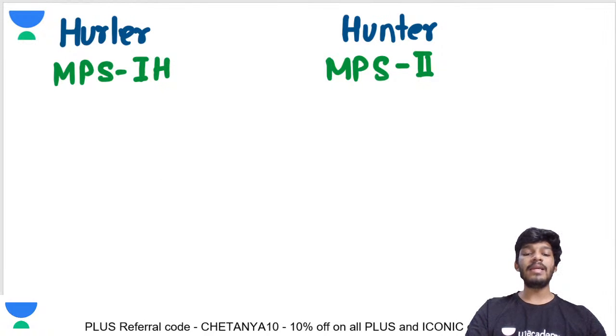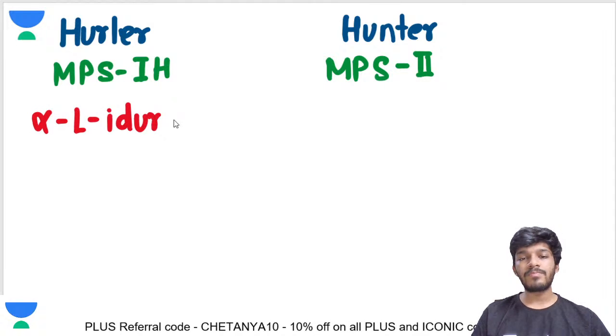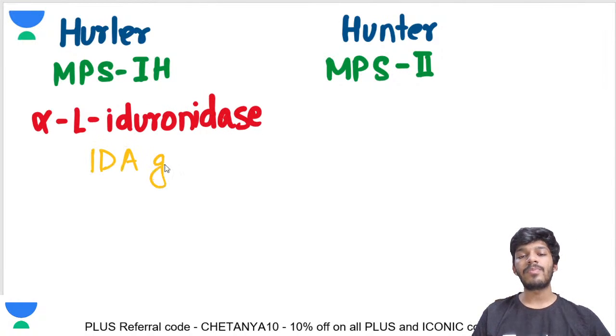Anybody remember? In Hurler disease, it is caused by a mutation in alpha-L-iduronidase. Sorry, that is the enzyme defect. What is the gene defect? The gene is IDUA.